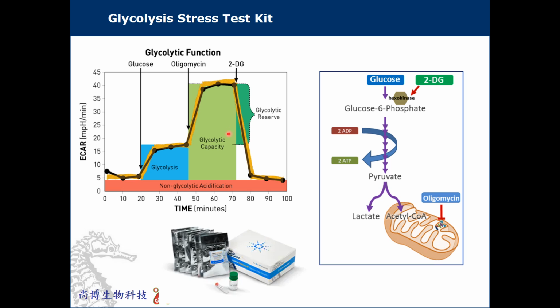It means the cell's energy all comes from glycolysis, none from mitochondria. And at this stage, the signal may increase, show no difference, or decrease. It depends on the different conditions.